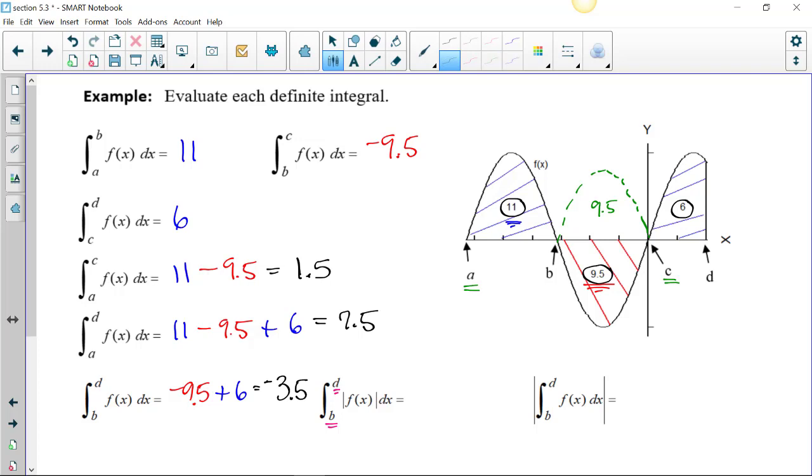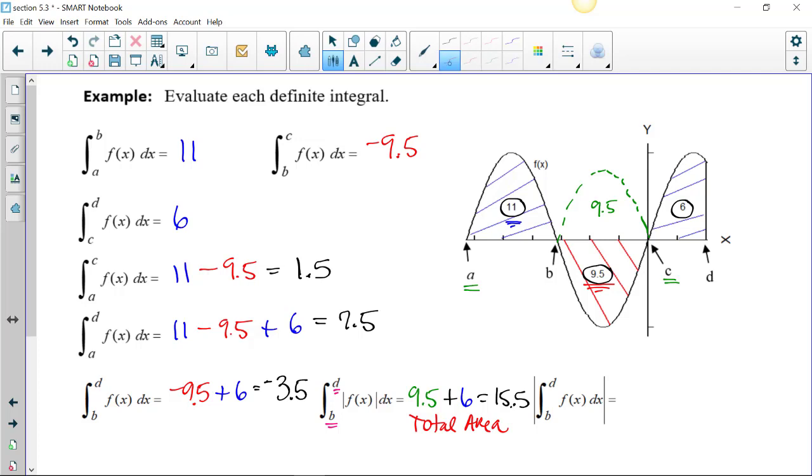So ultimately we're looking at the positive area. So it would be 9.5 plus 6, which would be 15.5. So that would be the total area on that interval from B to D.